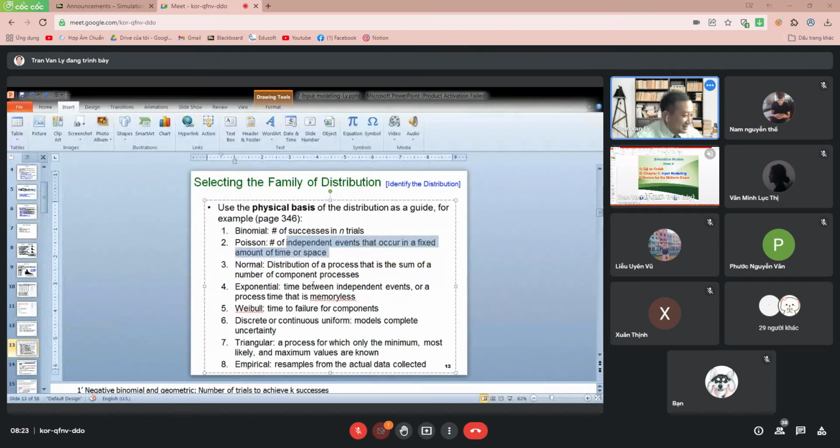So you can see, actually, a Poisson, I say many times, in a fixed amount of time or space. So what does it mean? Liễu Uyên, you can see there.